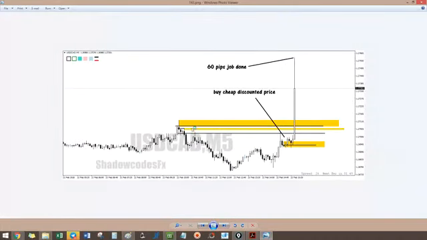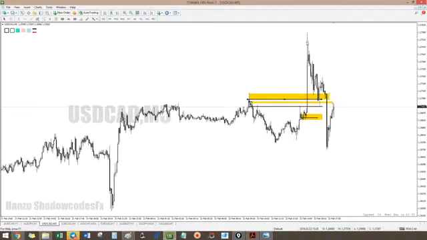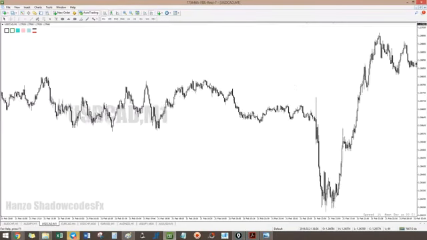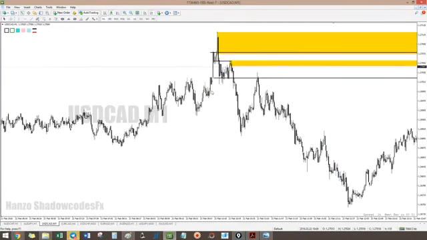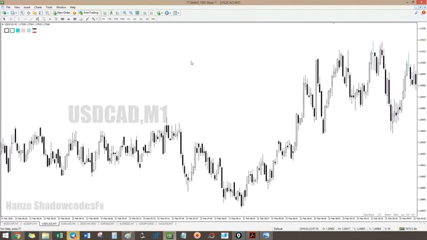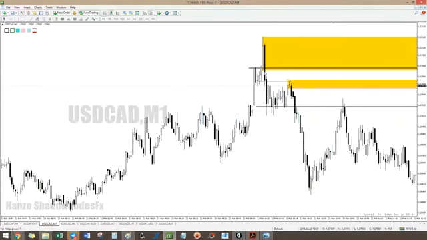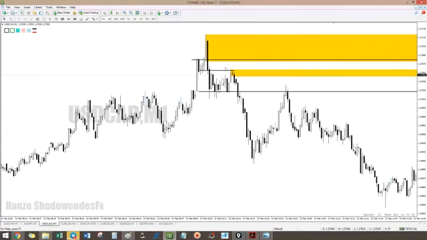Even though we got a clean break here in M5, let us go to USD over here, the one that I already marked. Sorry, drop down, M1. Over here we got a clean break, correct? I already drew this clean break, and I wait for rejection.